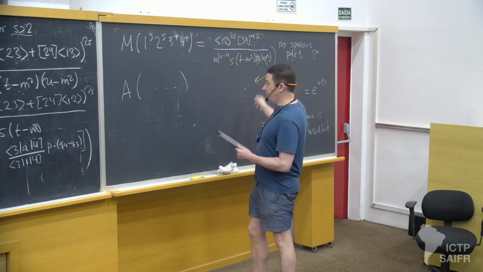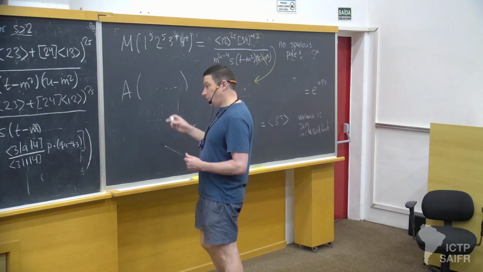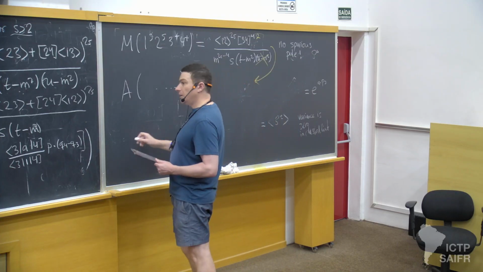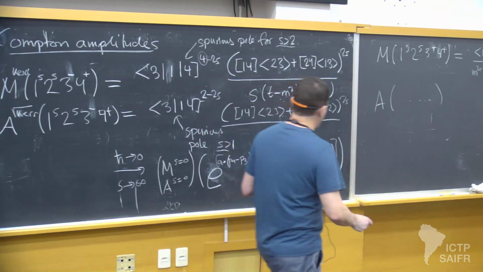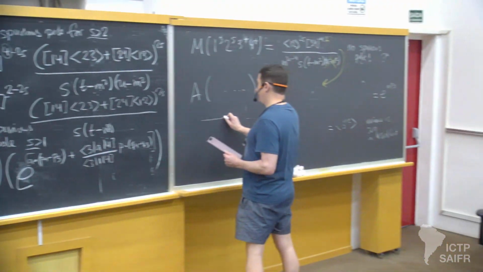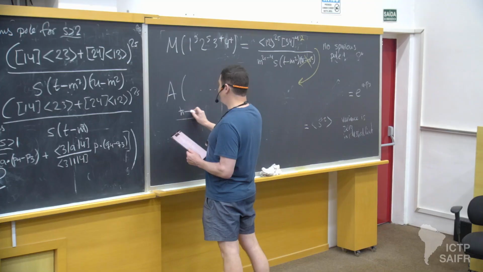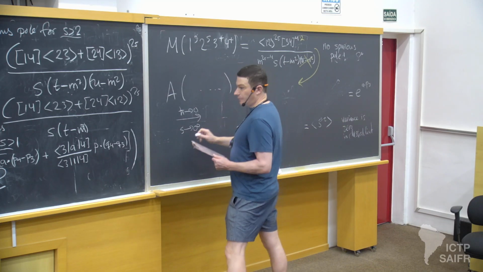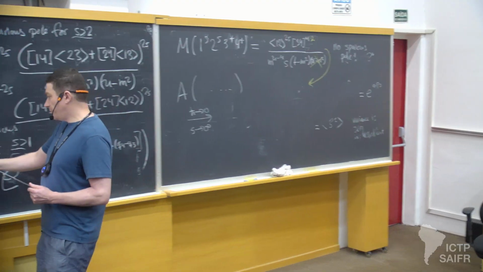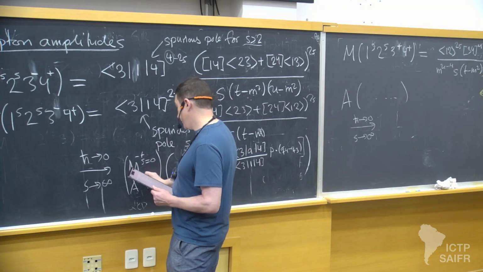You can do the same thing here, take the classical limit, and you actually get exactly the same formula as you have. I guess I have erased it. You get pretty much the same formula as the 3-point. So this was minus plus.